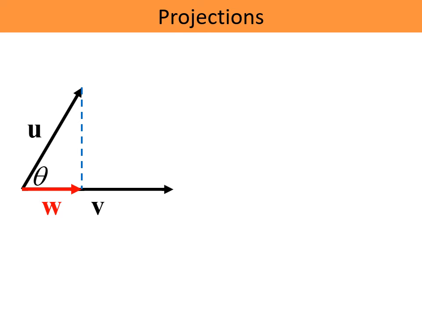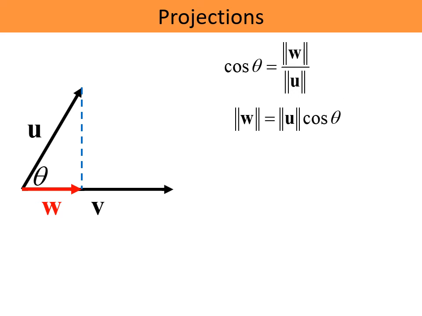Okay, now we're going to take the angle between the vectors u and v, and we're going to remember that the cosine of the angle, look at the little right triangle, is the magnitude of w divided by the magnitude of u.